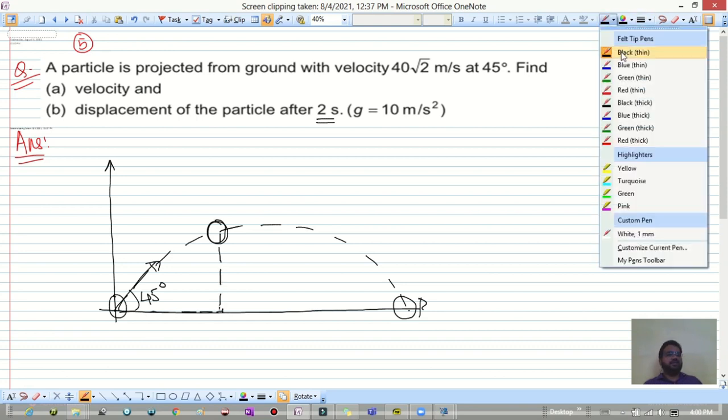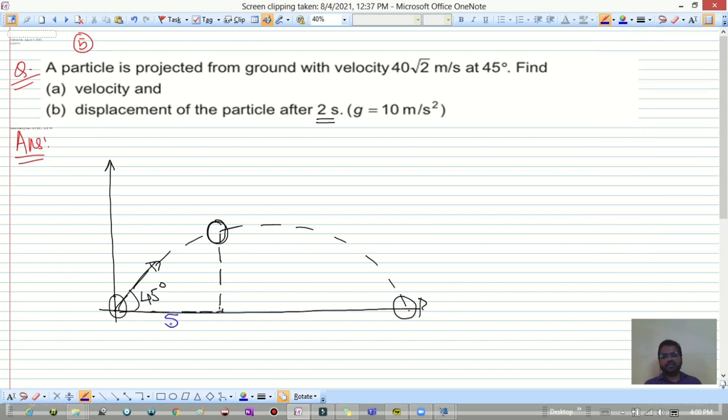So displacement along x-axis, we write it as sx, and displacement along y-axis, it is sy. And the velocity along x-axis is vx, and velocity along the y-axis is vy.